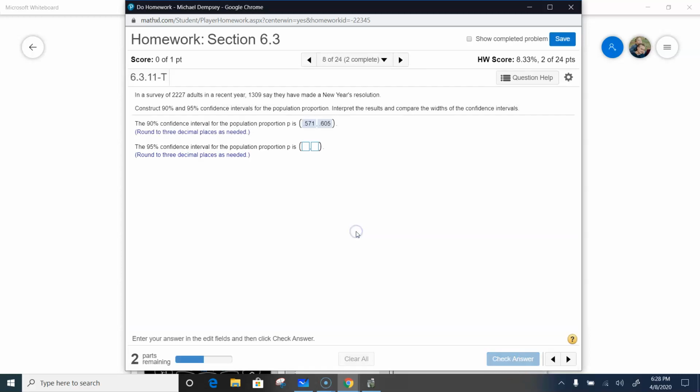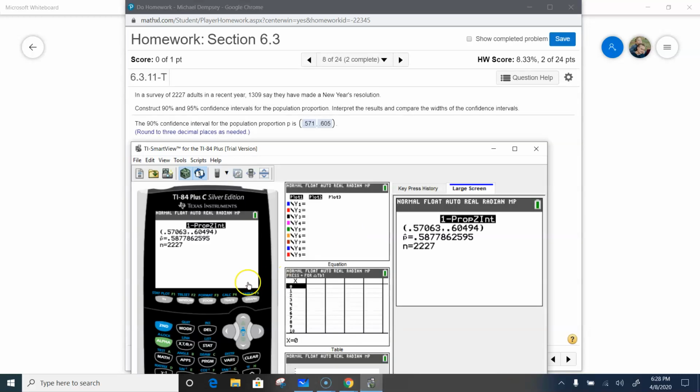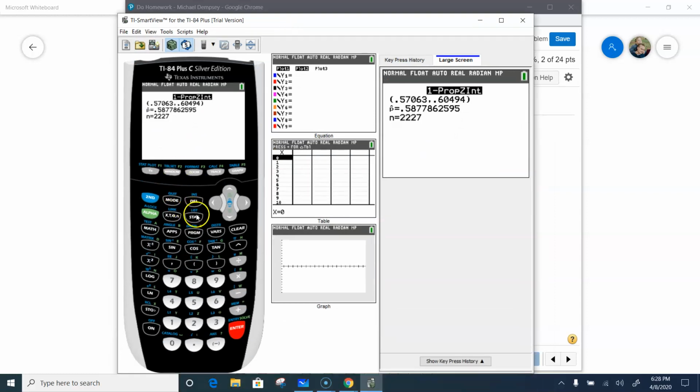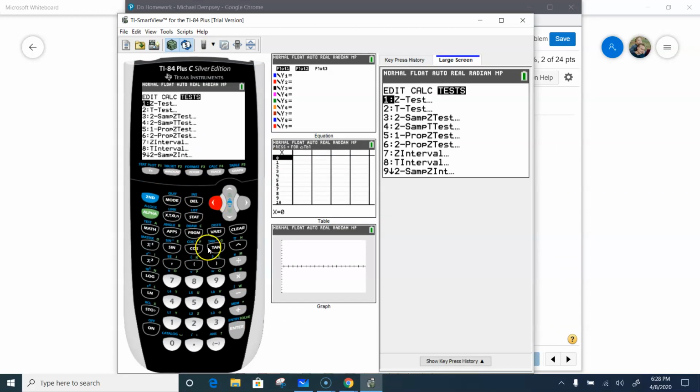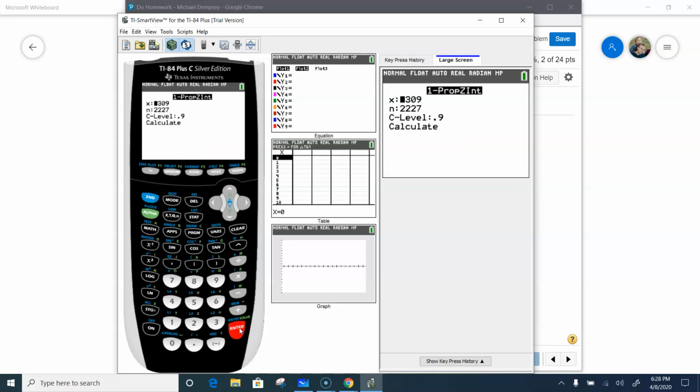Okay. And now for 95%, it's going to be real easy because when I do my stat test now, and I go and find my 1 proportion z interval, everything's in there. All I have to do is change the 0.9 to 0.95.